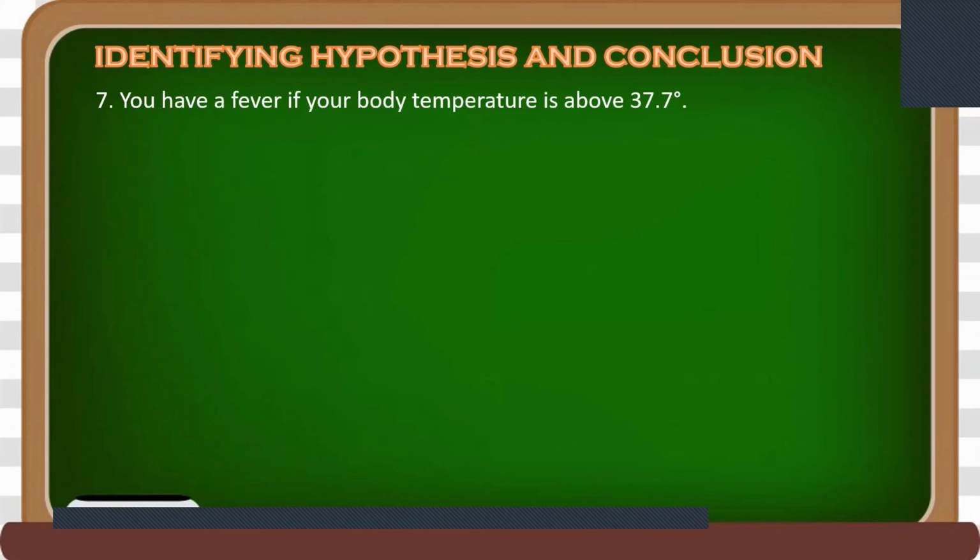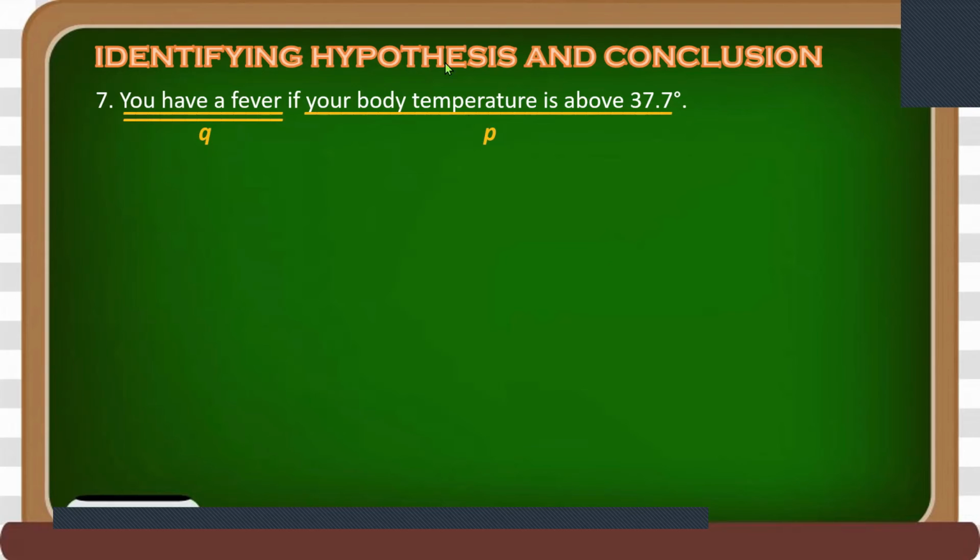For number 7, statement: You have a fever if your body temperature is above 37.7. Alin kaya ang ating hypothesis diyan? Ayan po. Your body temperature is above 37.7. Bakit po? May clue na po siya. Yan, if. So, ibig sabihin siya yung hypothesis natin. And our conclusion is, you have a fever.